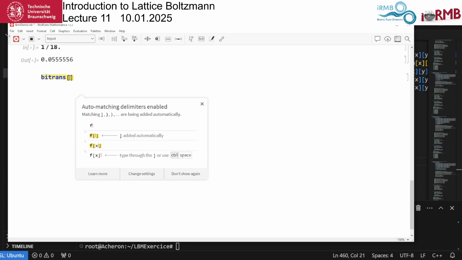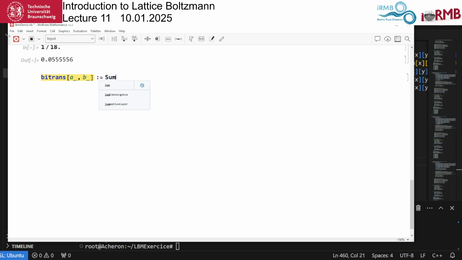We want to have a moment A and B, and we define this as the sum over the binomial. This is implemented in Mathematica directly, so I don't need to do this.